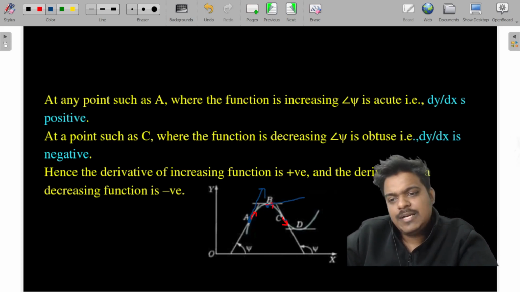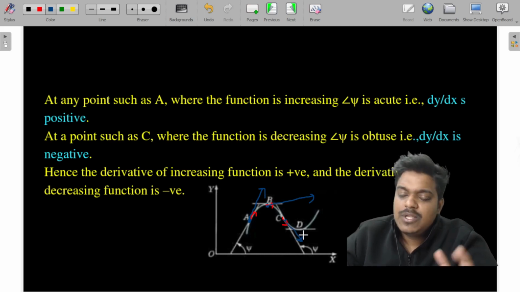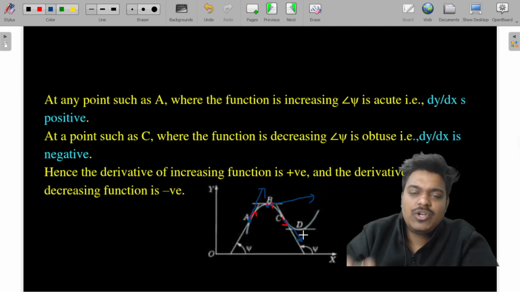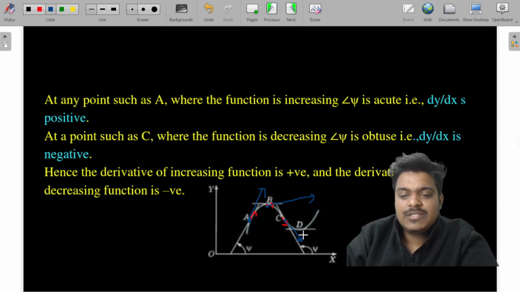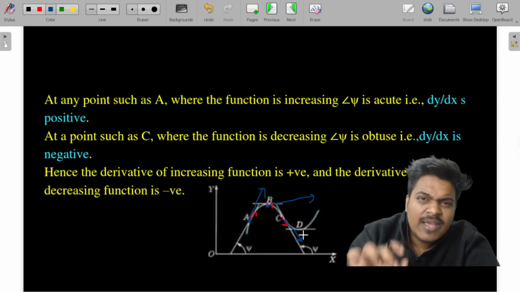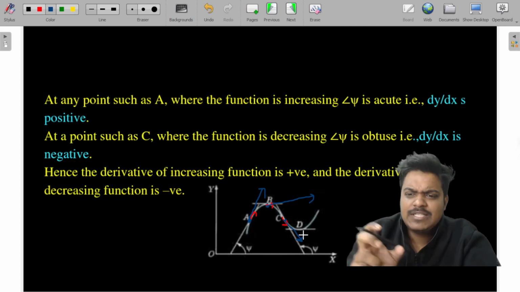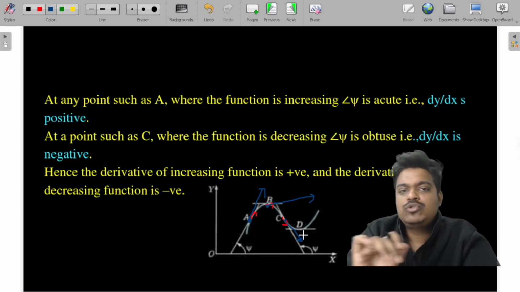If you draw a tangent at B, it goes like this. If you draw a tangent at C, it goes like this. So now we know that the tangent shows the direction, whether it is increasing, constant, or decreasing. If we can find a particular characteristic of a tangent, we will be able to solve this question.